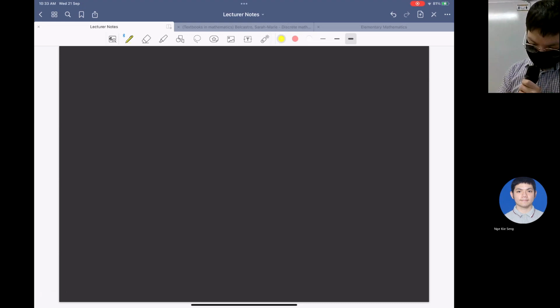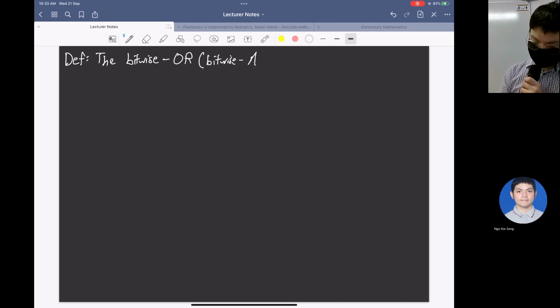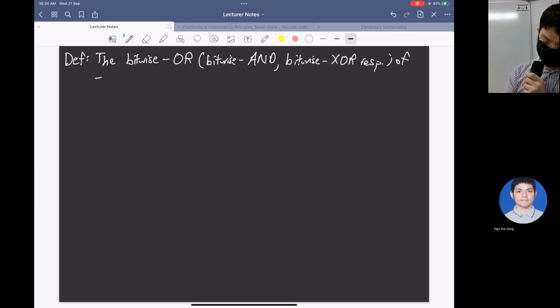Okay, next definition. So we want to be able to add more bits. So we want to add bit strings of the same length. We call it a bitwise OR, also bitwise AND, also bitwise XOR, of two strings. They must be of the same length. You can only add strings of the same length.